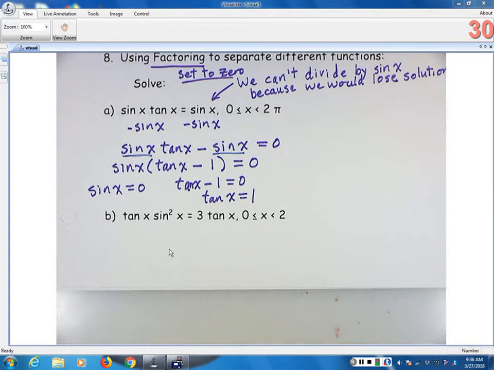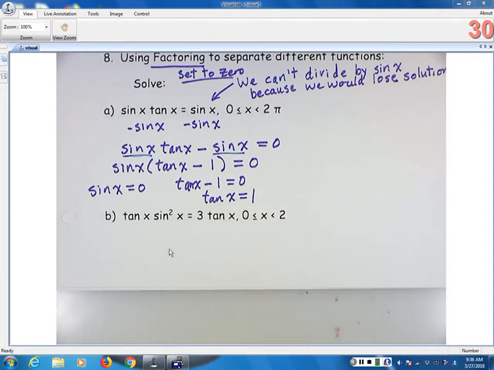You could think of it as pulling a sine out and dividing each term by sine, so that you don't get sine squared out here. So sine x equals 0 or tangent x equals 1.